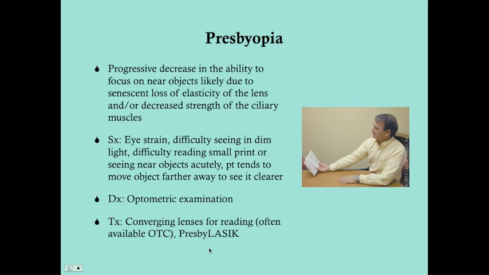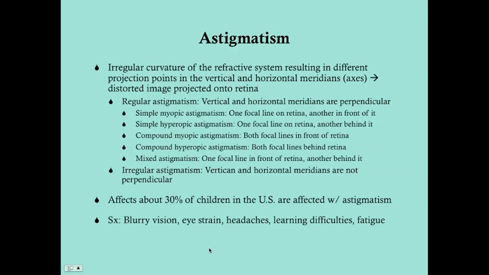Okay, then finally, astigmatism. So this is a complicated topic. So behind astigmatism, what you need to know is that the refractive system works both horizontally and vertically. So up until now, we've talked about the refractive system as sort of a monodimensional system.